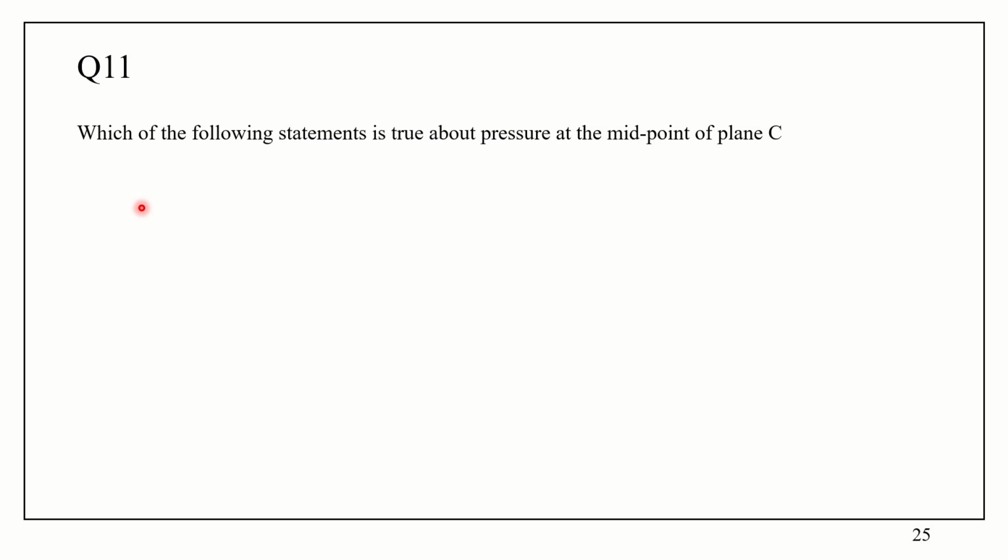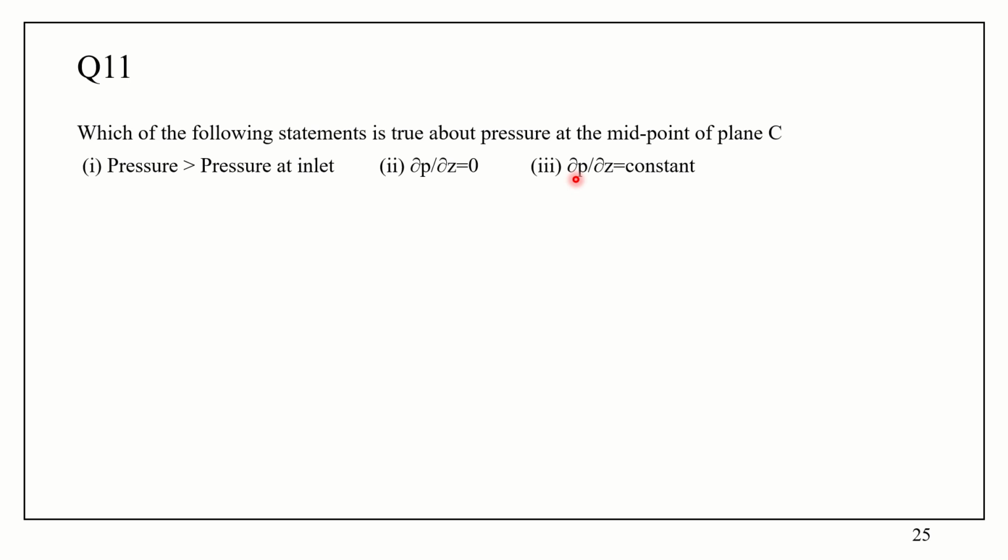In question 11, what is asked is which of the following statements is true about pressure at the midpoint of plane C? Option 1, pressure is greater than pressure at inlet. Option 2, dou P by dou Z equal to 0.